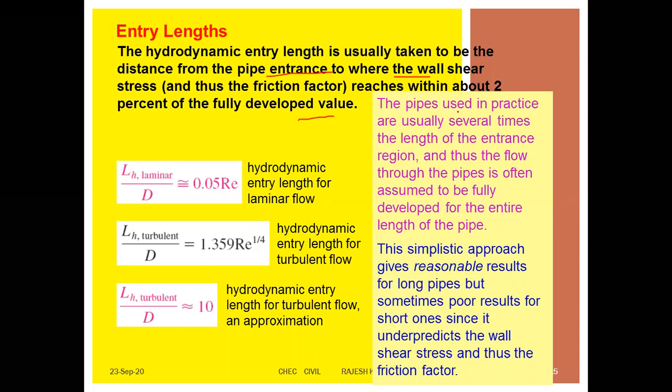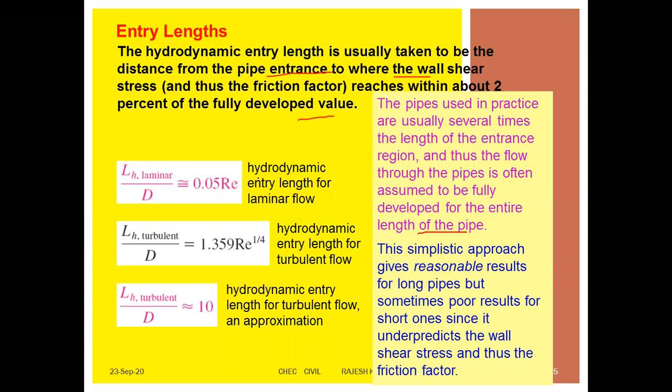The pipes used in practice are usually several times the length of the entrance region, and thus flow through pipes is often assumed to be fully developed for the entire length of the pipe. This simple approach gives reasonable results for long pipes, but sometimes poor results for the shorter ones. So whenever the pipes are of longer length, what happens? Whenever the pipes are of shorter length, what are the results they are giving?